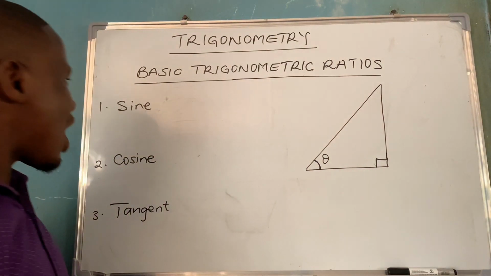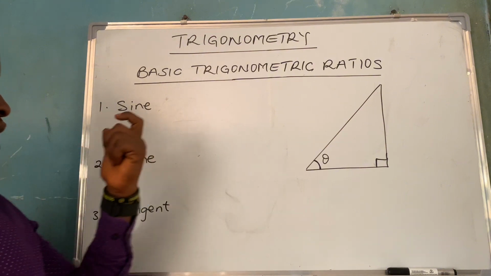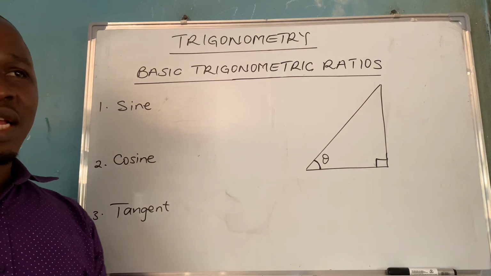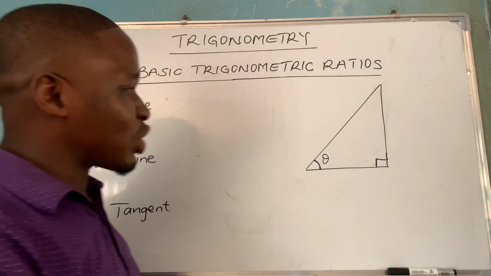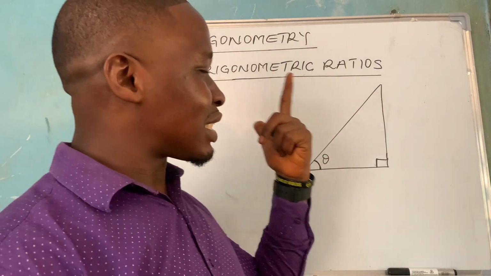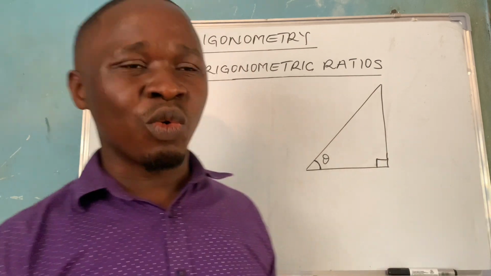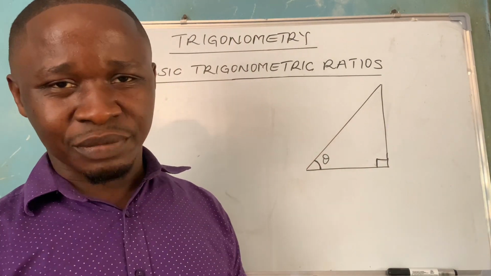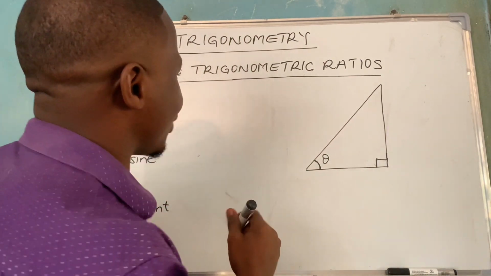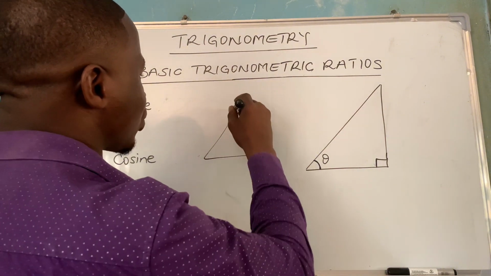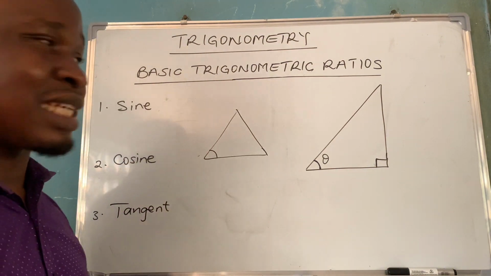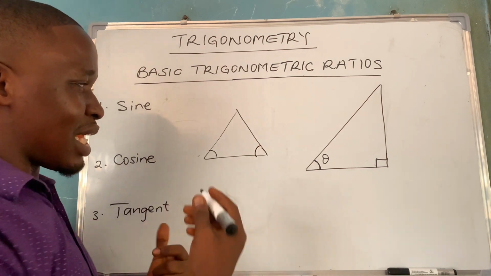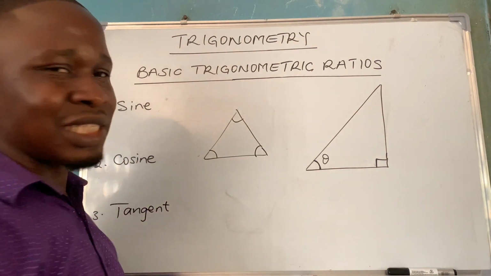Now, before we define the sine, the cosine, and the tangent as the three basic trigonometric ratios, we need first of all to identify the sides of a right angle triangle with a given angle. Now, let us pay attention here. This angle is acute, it is less than 90 degrees. This one is less than 90 degrees. This one is less than 90 degrees.